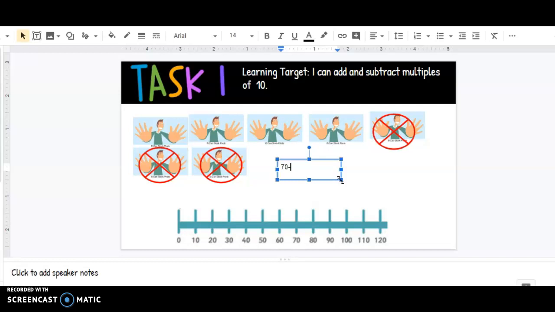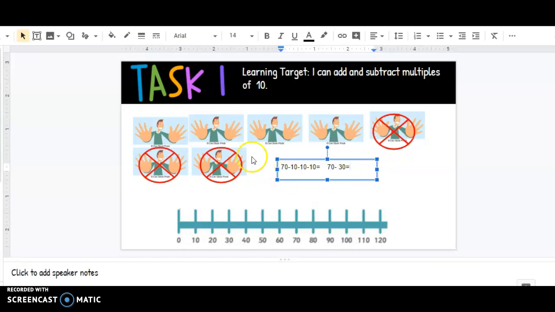So we might say 70 minus 1 group of 10, minus 2 groups of 10, minus 3 groups of 10. Or we might put those 3 groups of 10 together and say 70 minus 30.